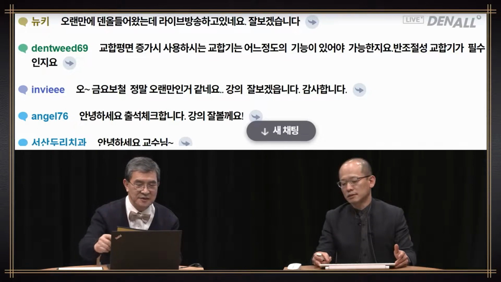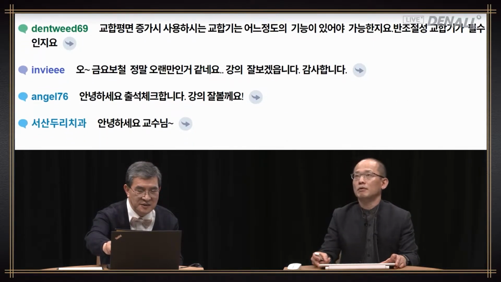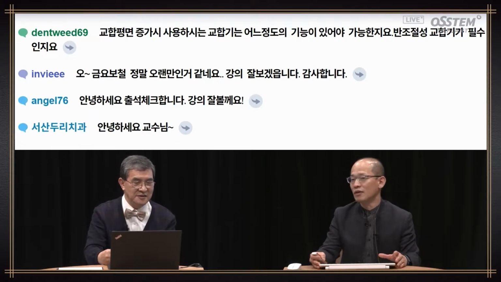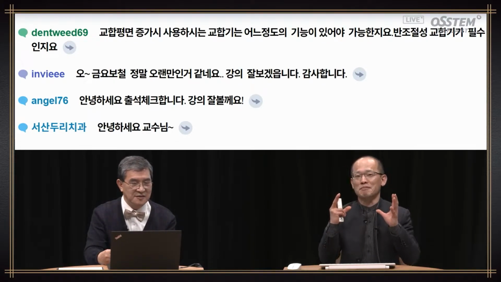Well, basically, now I do understand why you are asking that. It should be the same as your head size. So even semi-adjustable or average movement articulators have the head size.